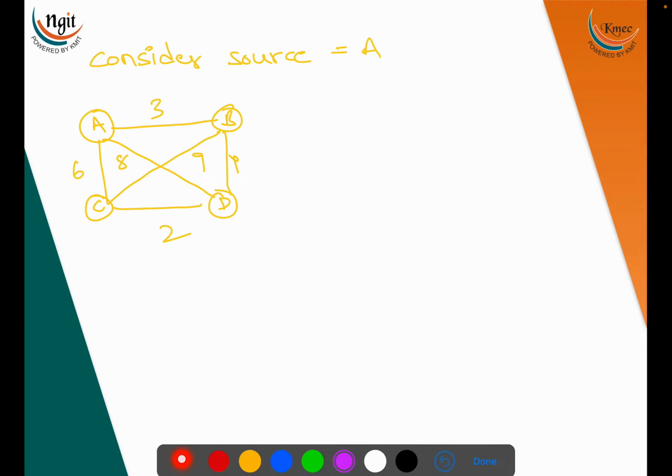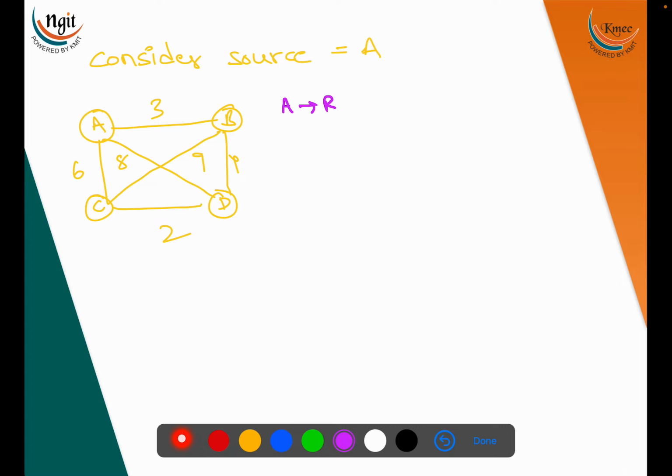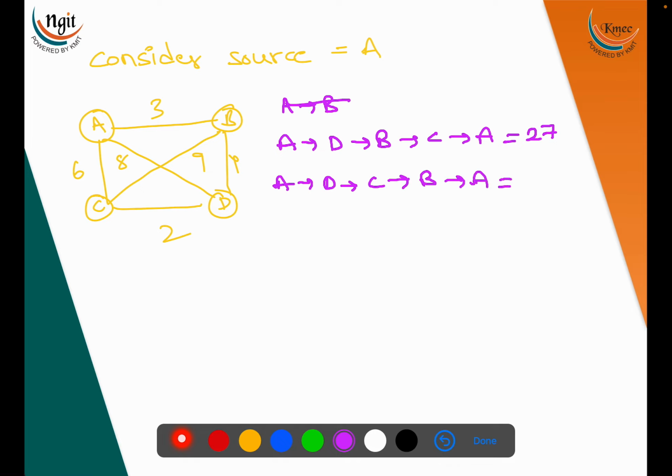Now I am going for the next permutation, which is A to D, D to B, B to C, C to A, and the cost is 27. A to D, D to C, C to B, B to A, and the cost is 22. So these are the costs to travel these routes.